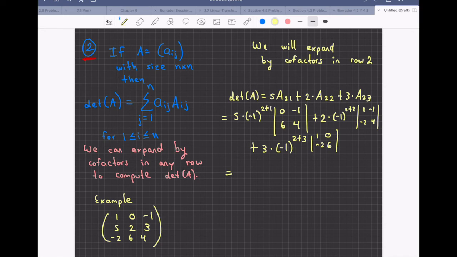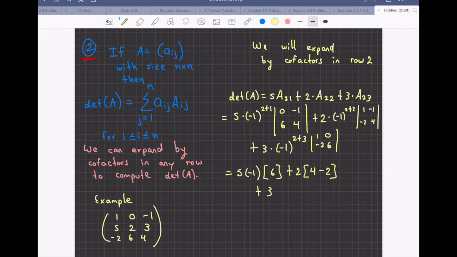And this is going to be what? 5, -1 raised to the 2 plus 1 is -1, times the determinant: 0 times 4 is 0, minus 6 times -1 is 6. Plus 2 times the determinant: 1 times 4 is 4, minus -2 times -1 is 2.